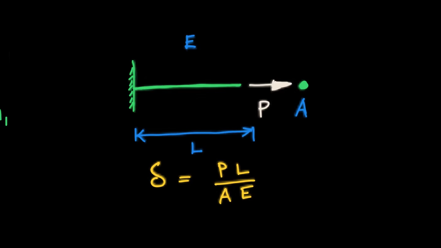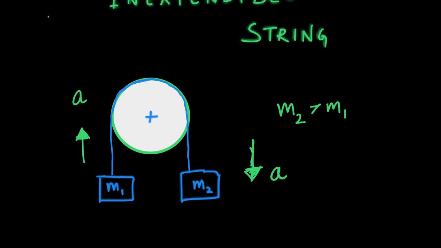So by the assumption of an inextensible string, we are saying that my string is having a very high value of Young's modulus and area of cross section. So for reasonably high values of tension in the string, my string is going to behave as a rigid body.